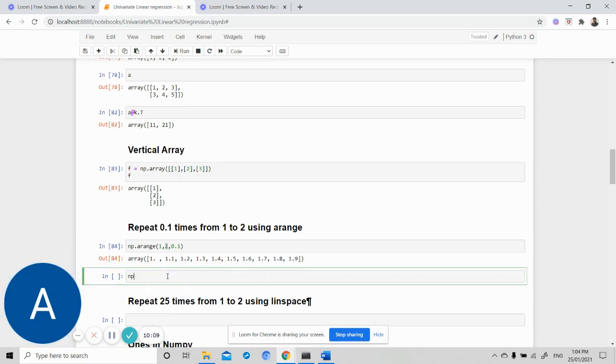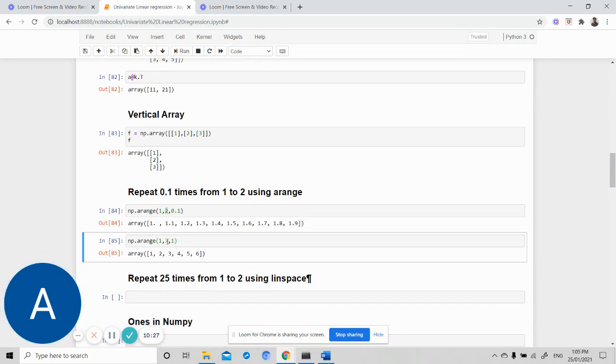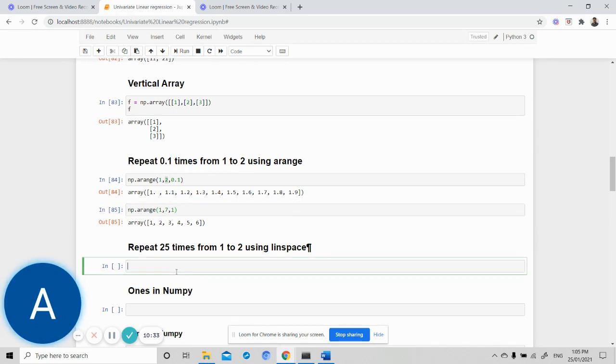If we need an auto-incrementing number, suppose from 1 to 7, this will give me 1 2 3 4 5 6, but it will not include 7.